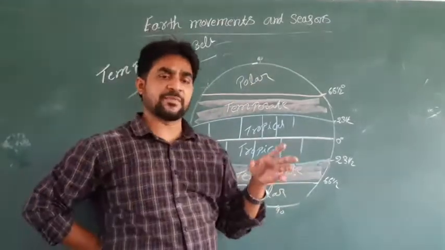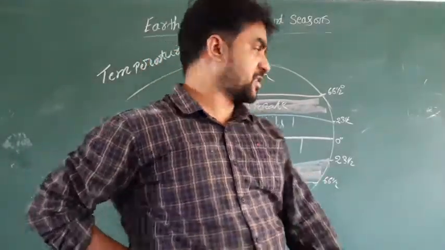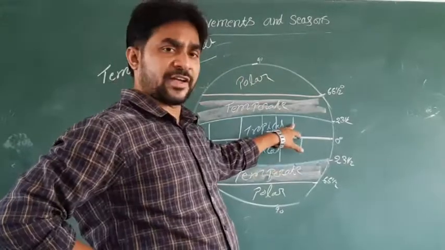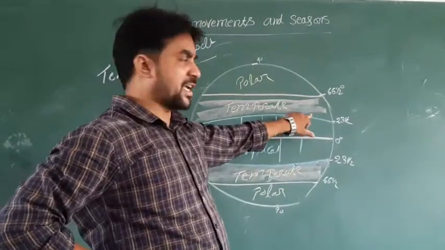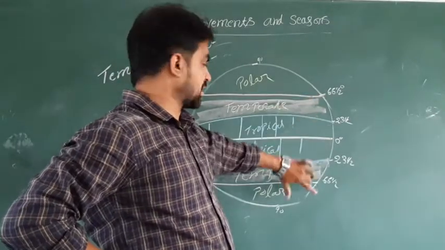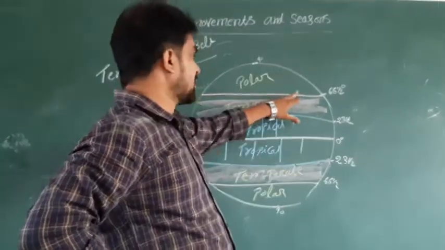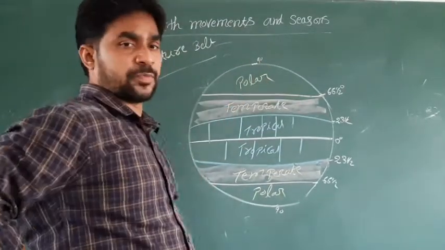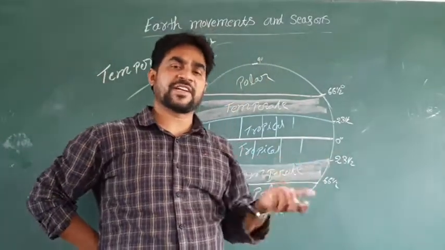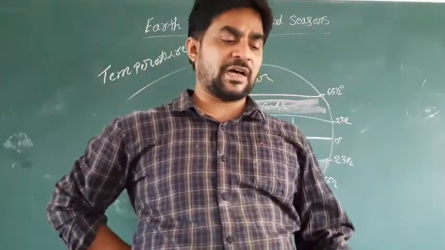So we have some different types of temperature belts. 0 degree to 23.5 degree north and south is called tropical, and 23.5 degree to 66.5 degree north and south is called temperate. 66.5 degree to 90 degrees in the north and south is called polar. So these are the different types of zones that we can find on the earth.